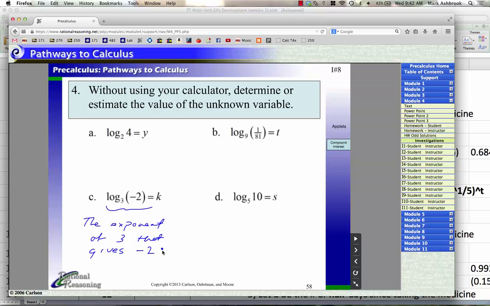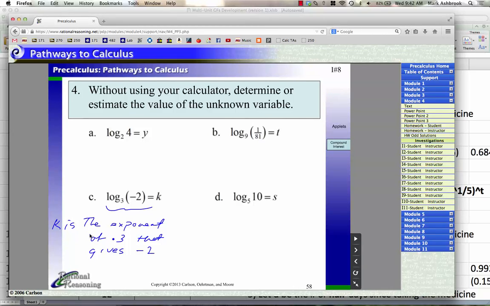And so how could you set that up into an equation? So k is the exponent of 3 that gives -2. Therefore, nice and loud. Okay, well just so k is the exponent of 3. What does that mean? K is the exponent of 3. So what to the what? K is the exponent.